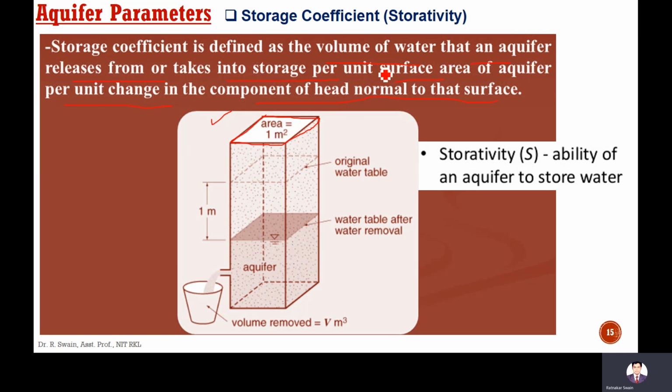It says the volume of water that an aquifer releases or takes into storage, either coming out of the groundwater storage or entering into it, per unit surface area of the aquifer, per unit change in the component of head normal to that surface, which means per unit change in depth. Let's say we are extracting groundwater here, for this 1 square meter area, and the change in depth is 1 meter.